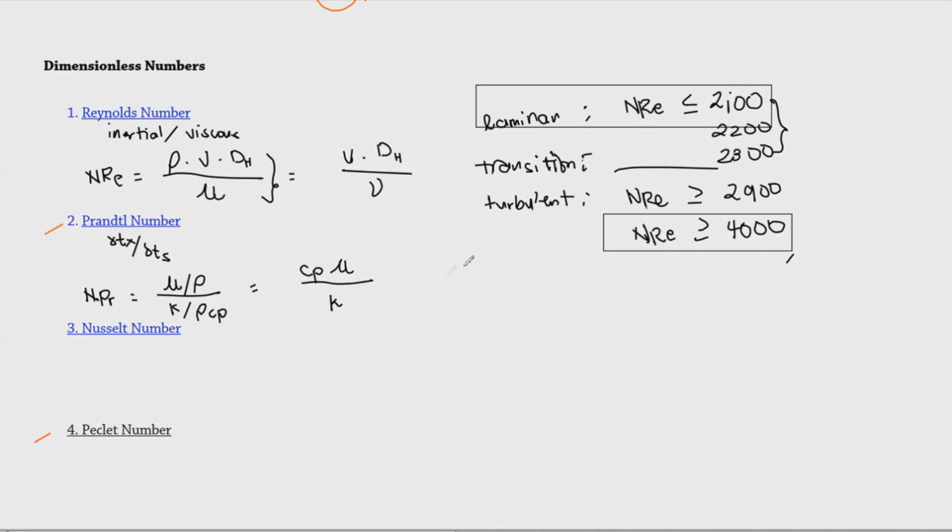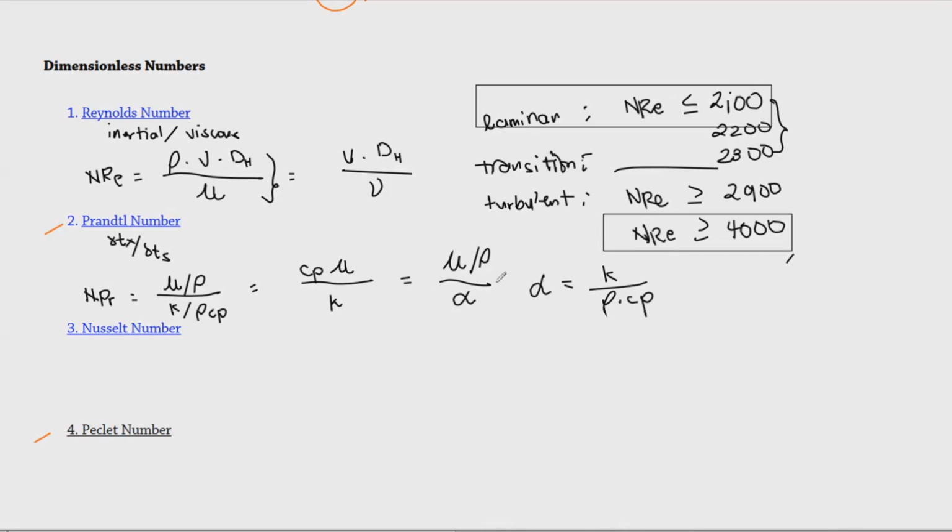If you have the thermal diffusivity, which we call alpha, that is equal to k, the thermal conductivity, divided by density times the specific heat capacity, you can substitute that into our equation.